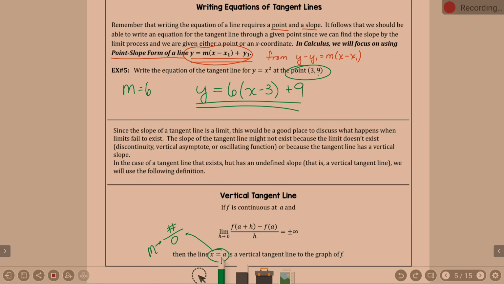Okay. Top of the next page. New vocabulary word. I don't think we had this in pre-calc. No. Maybe we did. Normal line? No. Okay. Normal line. It's a new word for something you've known for years. The normal line to a curve at a point is the line perpendicular.